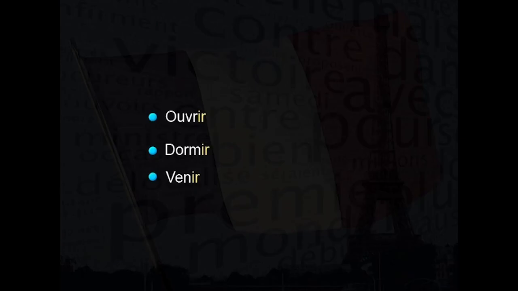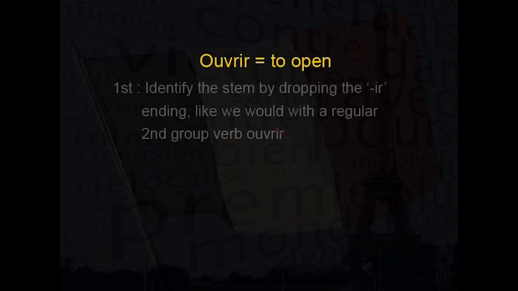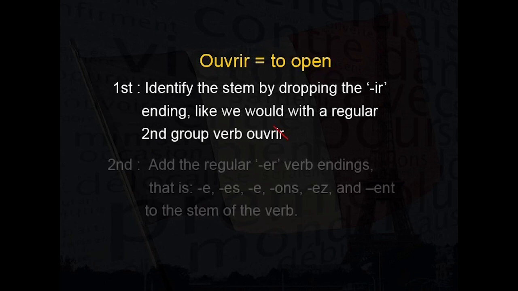Additionally, all three verbs ouvrir, dormir and venir follow three distinct conjugation patterns. Let's begin with ouvrir, which means to open. Firstly, we identify the stem by dropping the IR ending, like we would with a regular second group verb.